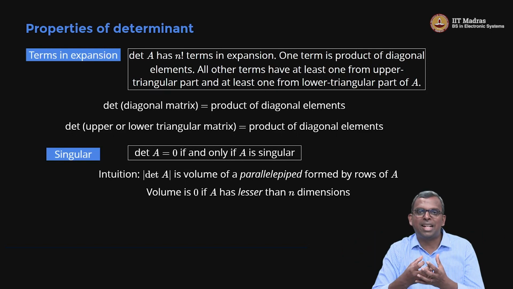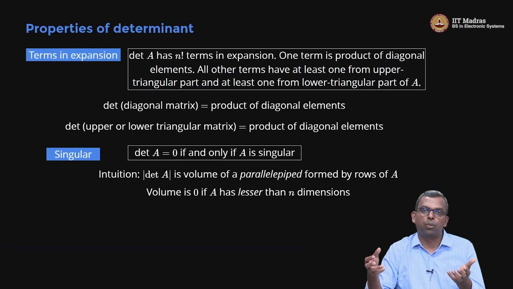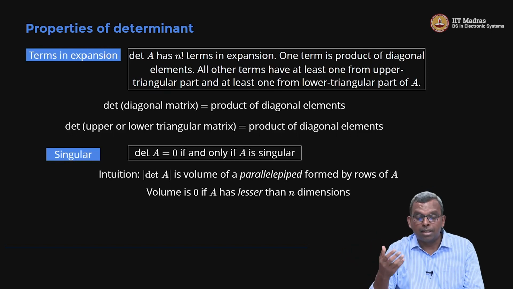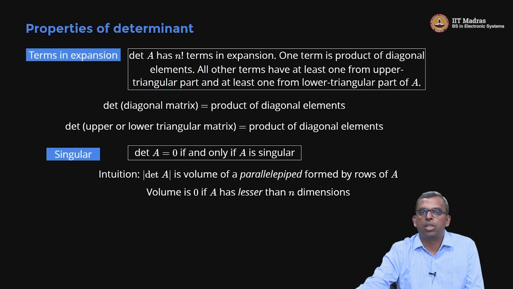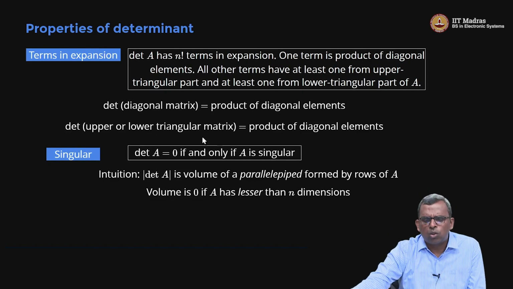You go to less than n dimensions, and then the volume goes to 0. Area only exists if there are 2 dimensions. If you have only 1 dimension along a line, area is 0. Like that, when you go to less than n dimensions, volume goes to 0, so determinant A goes to 0. It's the only way it can happen. There are also other rigorous ways to prove this, but we won't prove it here. We'll accept it as a fact, and this will be a very useful fact for us.